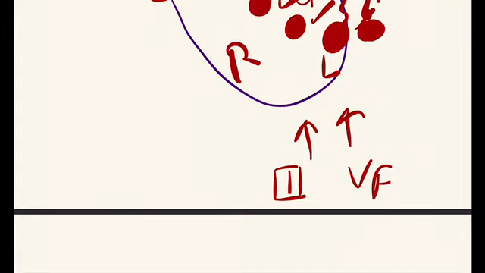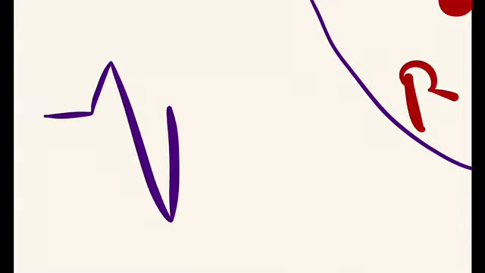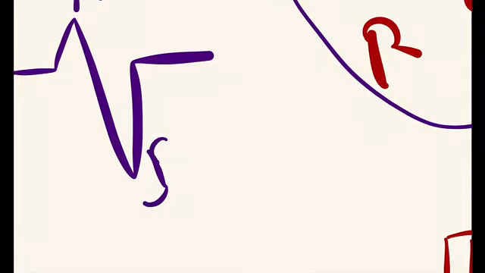So here is the important part. The right ventricle is more anterior and the left ventricle is more posterior. Let's talk about lead V1. The normal finding in lead V1 was like this: the R wave because of the septal depolarization, and the S wave because of the ventricular depolarization.